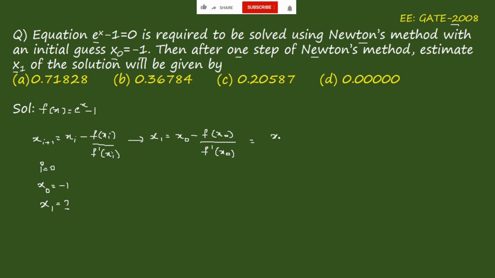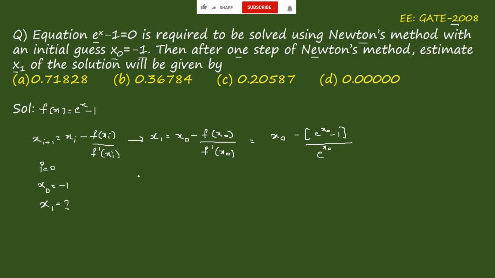So it becomes x naught minus, e to the power x naught minus 1, by f dash, which is just the differentiation of e to the power x minus 1. So it becomes e to the power x naught only, right?